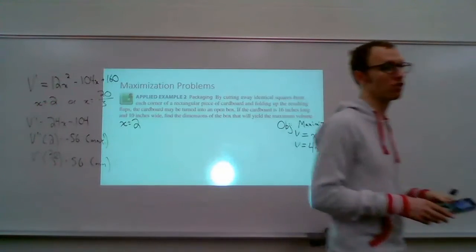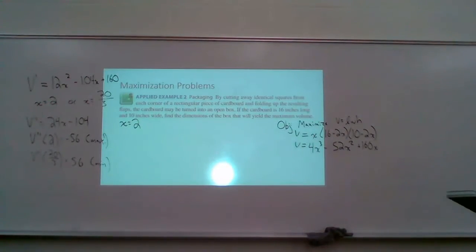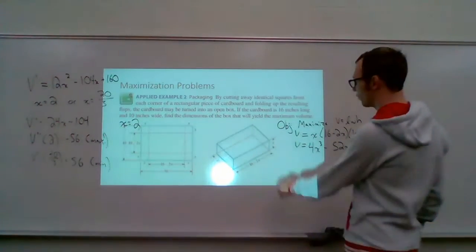So let's find those dimensions. And put the pictures back up. Where did I put that? Right, there it is. Here are the pictures. So we can see that one of the dimensions is just x.